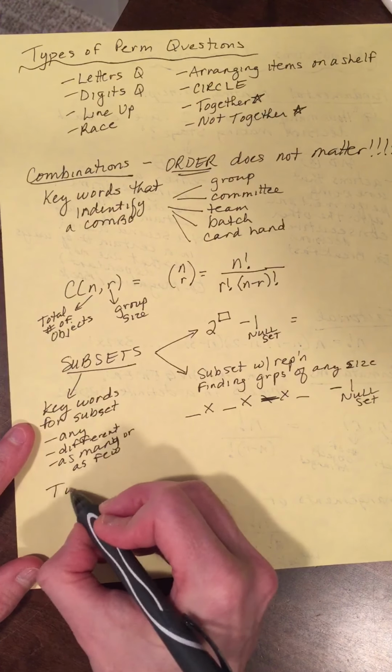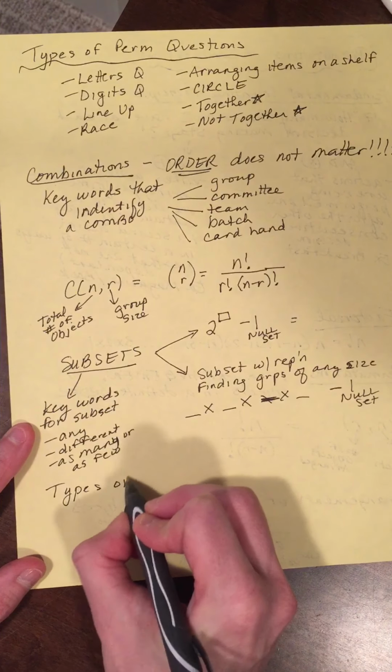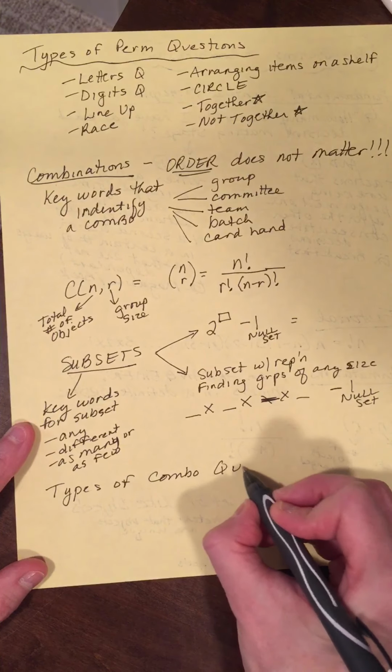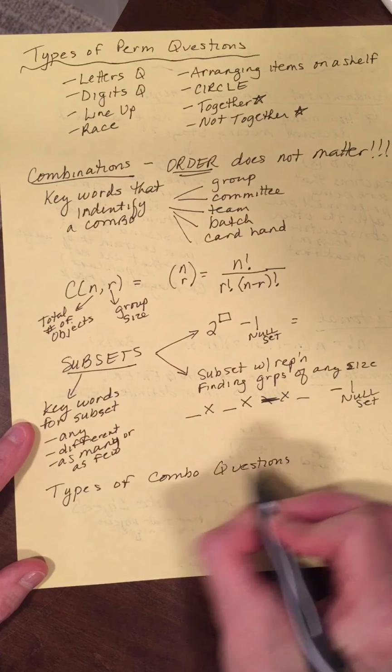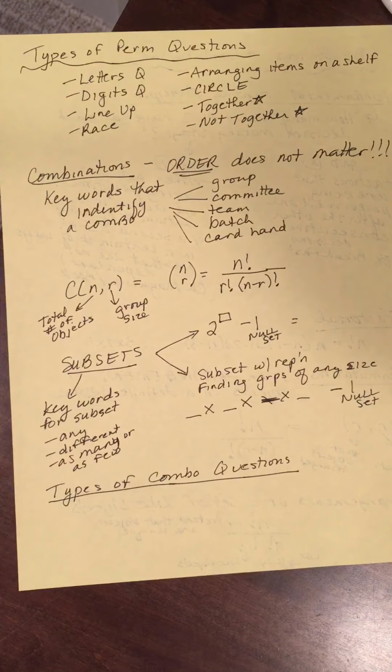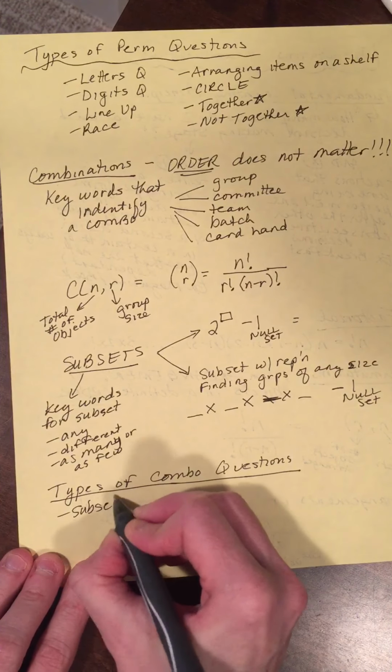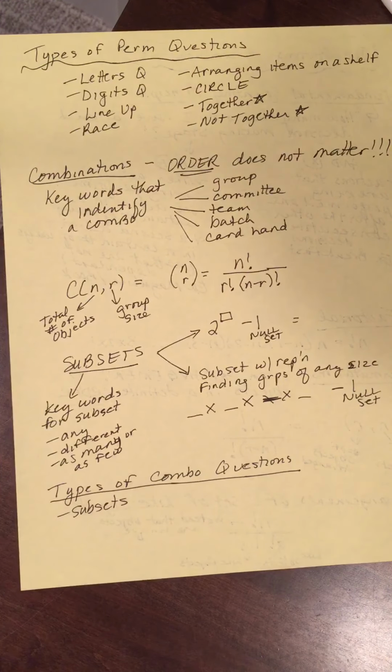Okay, let's talk about types of combo questions. What should you expect in terms of combo questions? Well, definitely subsets. And there were 2 different types of subsets, right? You know you're going to see that.